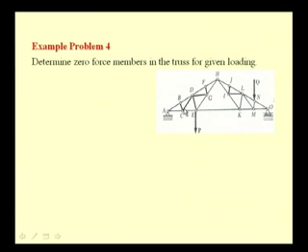This member BC from the geometry of this truss is perpendicular to AB as well as BD, and thus for the joint B to be in equilibrium, if we consider the force summation along BC and AD, which are perpendicular axes, the force in AB is balanced by the force in BD, but the force in BC is not balanced because we do not have any member to balance the force in this member.